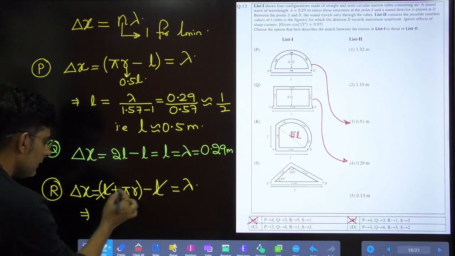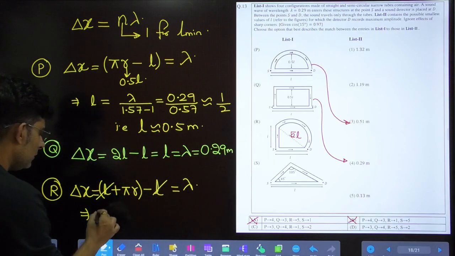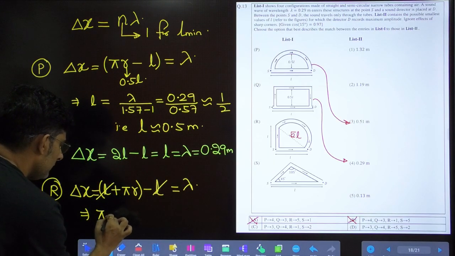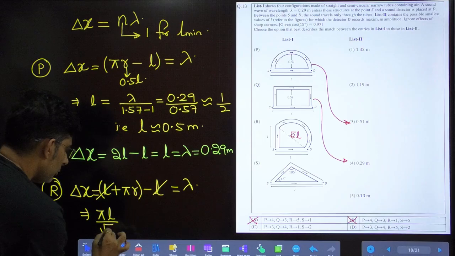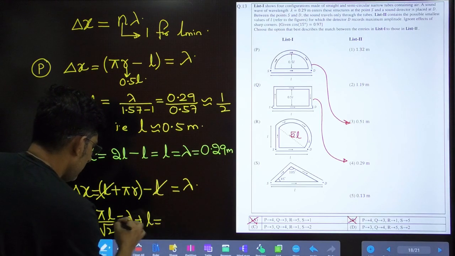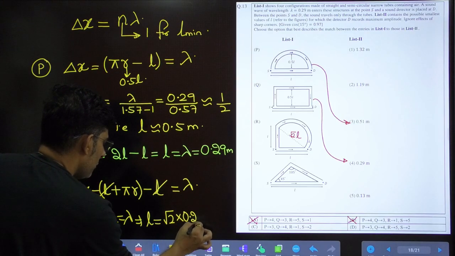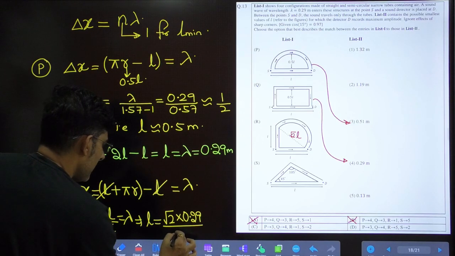Now from here, pi and r. R is L by root 2. So pi L by root 2 is lambda. So from here L will become root 2 into 0.29, the lambda value, by pi.